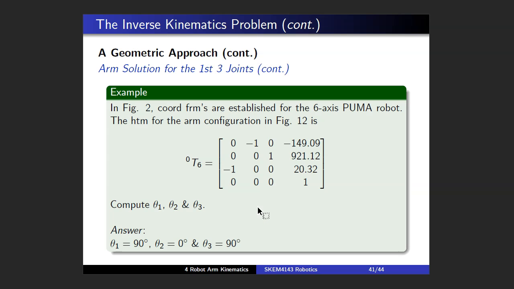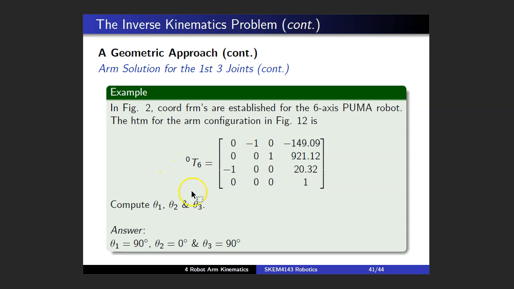So let's look at this example, right? If you notice, this matrix from the previous example is the same. So this is T60, the pose of our end effector of PUMA 560 with respect to the base coordinate frame.